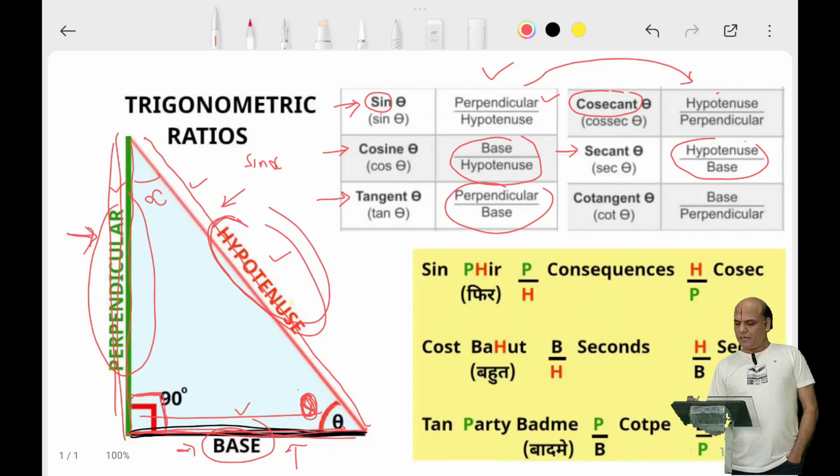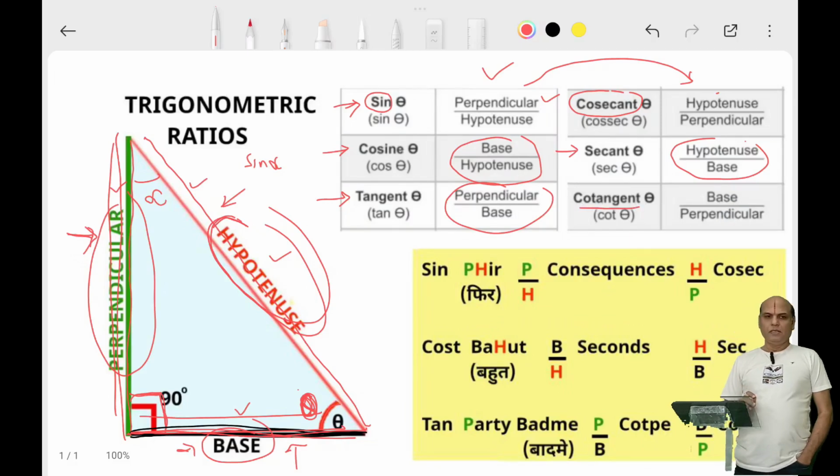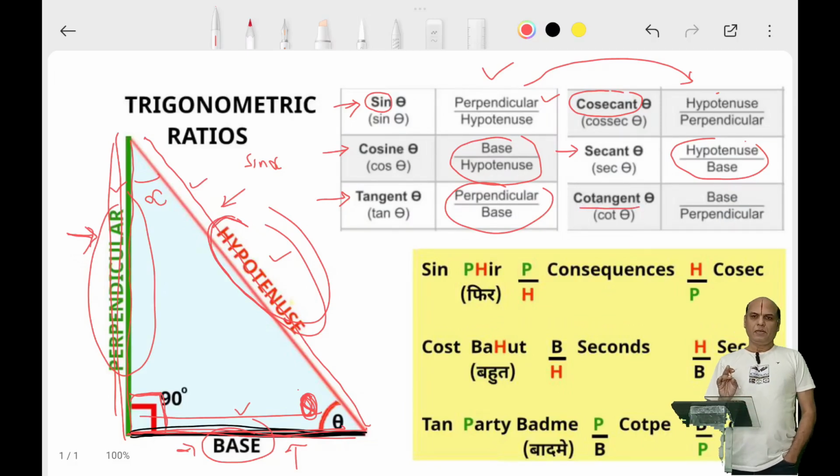Inverse of tan, that is base by perpendicular, is called cot theta. So sine theta, cos theta, tan theta and their inverses, cosecant theta, secant theta and cot theta. These are the 6 fundamental ratios that we need to remember in terms of ratios of the 3 sides of the triangle.